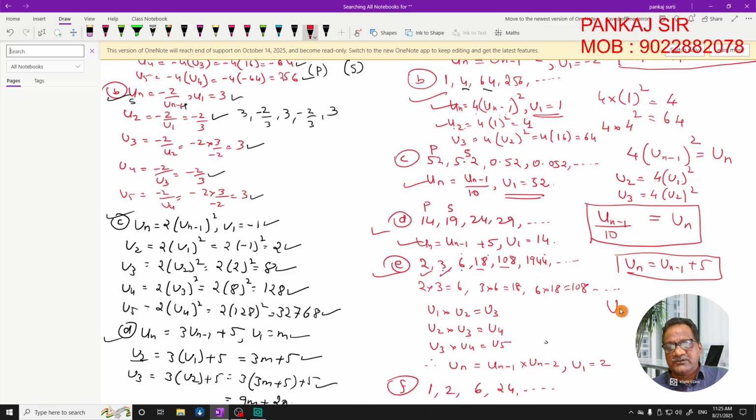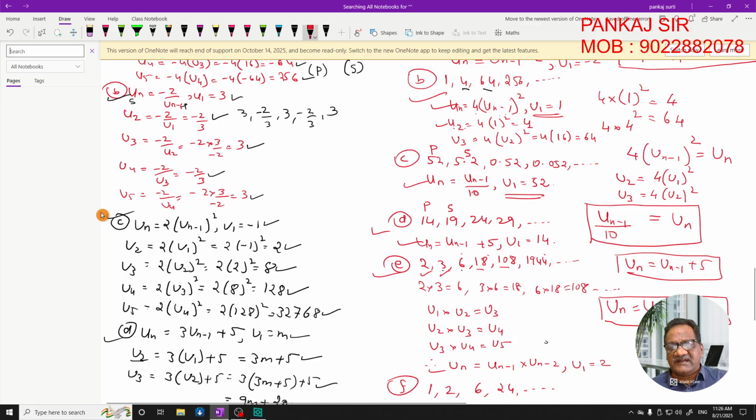So in general, un will be equal to un minus 1 multiplied by un minus 2. This is the general term for E, with u1 and u2 given.